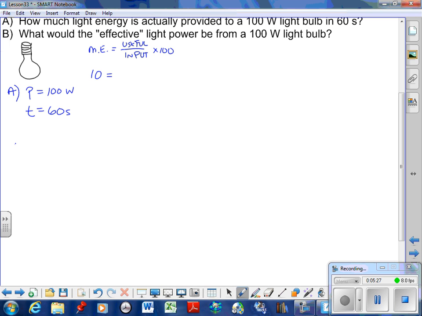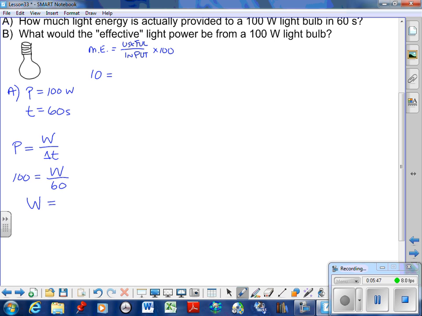So I'm going to go over here and make a side calculation. Power equals work over time. So I know the amount of power was 100 watts. I know the energy is what I'm looking for in 60 seconds. So yeah, I can leave it as a W.